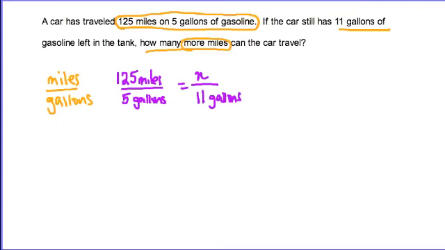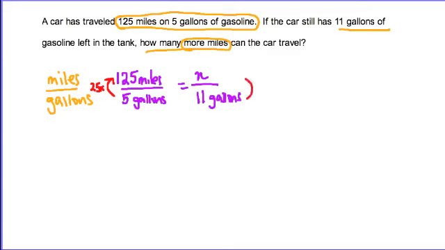And so now it's time to start solving. What I can see from looking at this is that there's not a clear pattern between ratios, but it looks like there's a pretty clear pattern within a ratio. So 5 to 125 goes 25 times. 5 times 25 is 125.